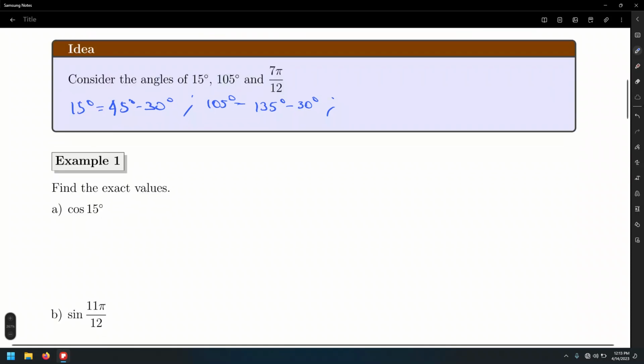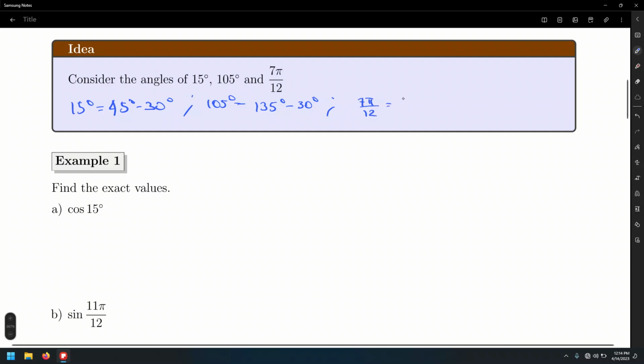Careful, when it comes to radian angles, those are going to be a little trickier, because when it comes to degrees, it's easier to see the numerical values and easier to break them up. There's a bunch of ways to break up 7 pi over 12.